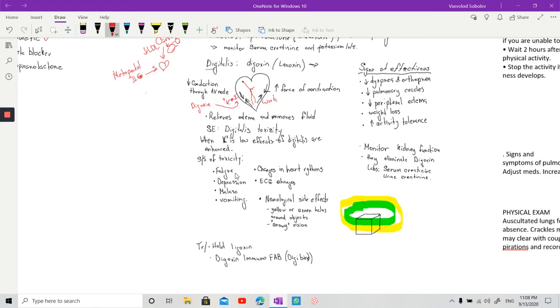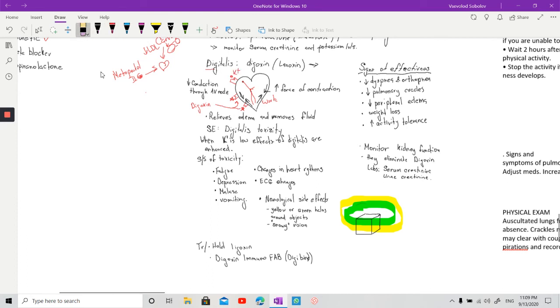So for example, when there's less potassium, more receptors are available for digoxin to bind, and digoxin will come and bind to this receptor, right here, where usually potassium sits.